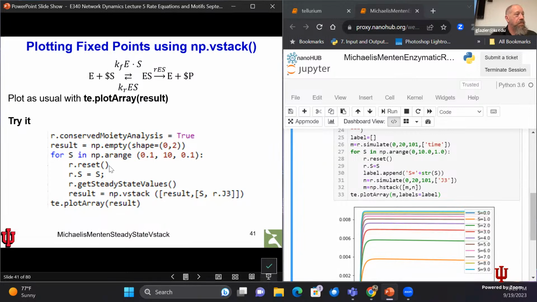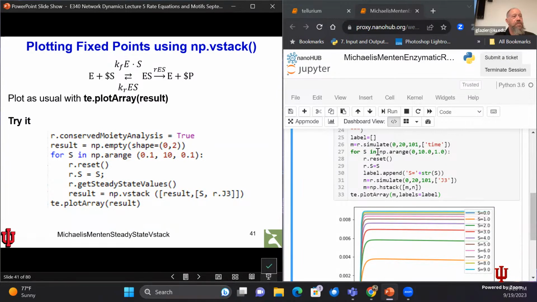We reset our simulation. We update our value of S. We try getSteadyStateValues. If it crashes, we'll just replace that with running it by simulate for a long time. And then we accumulate at the end of our array, our result, S comma rate, and then we plot the result.